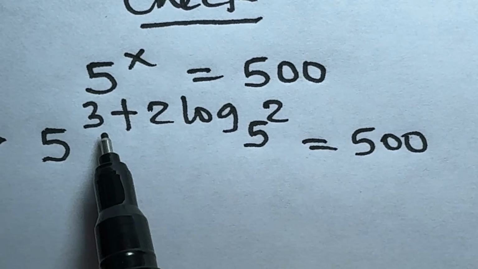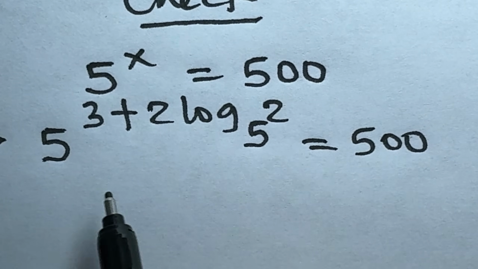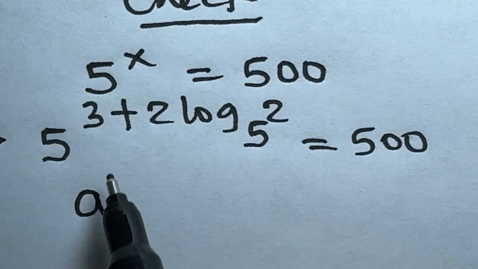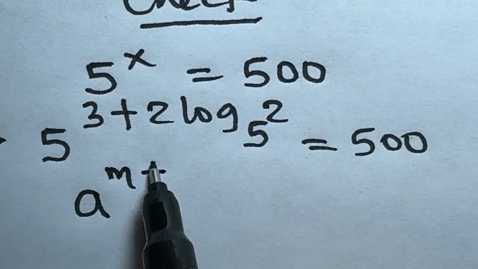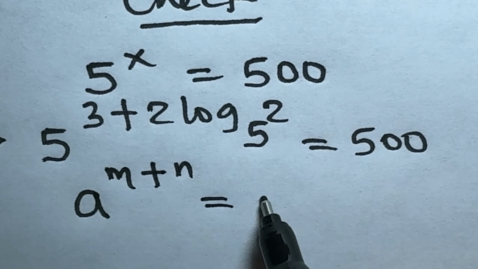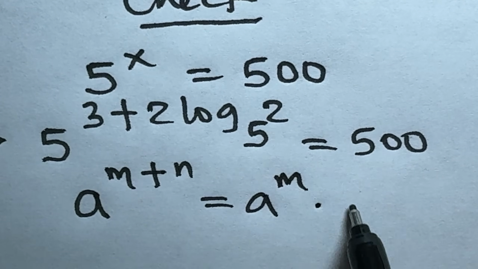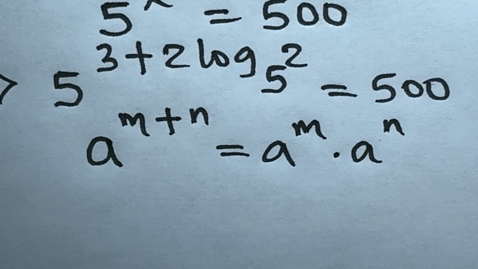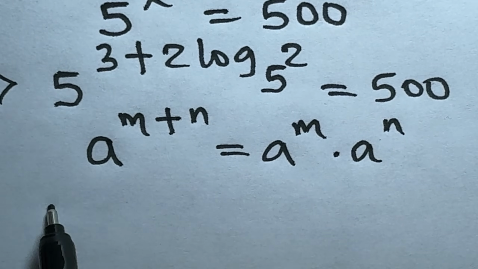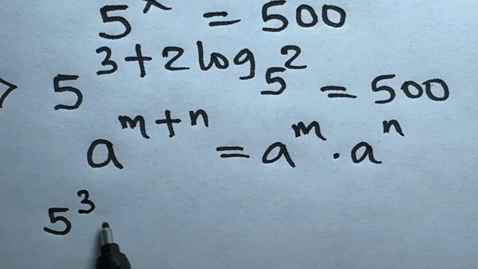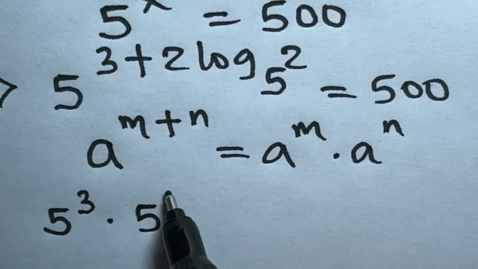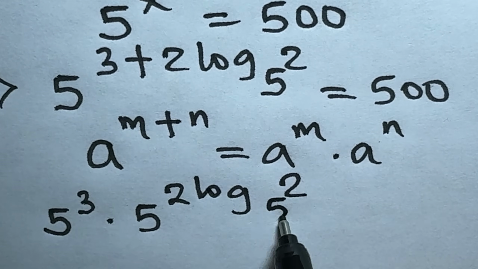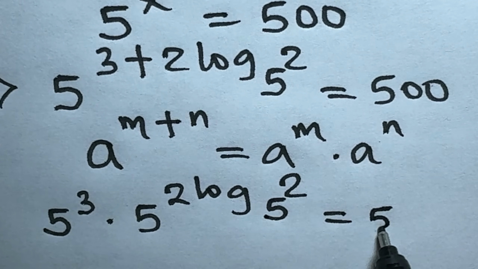To continue from here, we first need to separate these powers. And to do that, I'm going to apply this law of indices. a^(m+n) will give us a^m times a^n. So this becomes 5^3 times 5^(2 log 2 base 5) to give us 500.